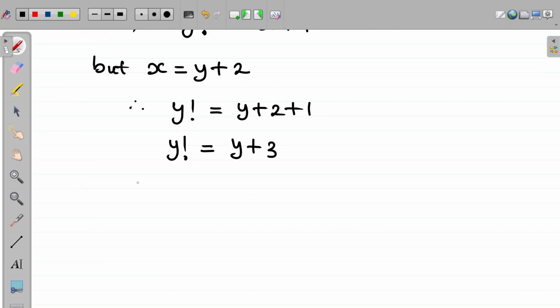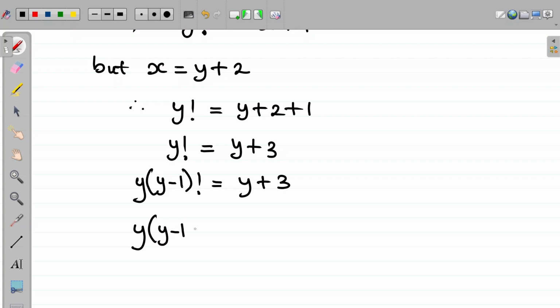Thus, our equation becomes y, bracket open, y minus 1 factorial equal to y plus 3. We can move y to the left hand side. Our equation becomes y, open a bracket, y minus 1 factorial minus y equal to 3.